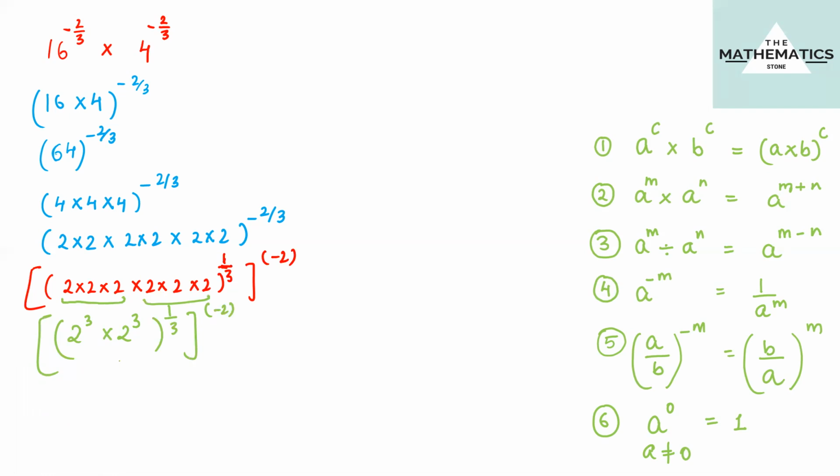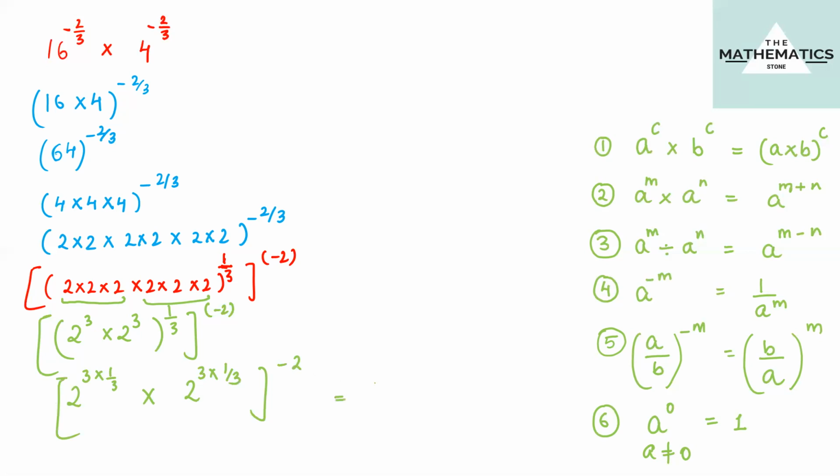Now see what happens. I apply this rule: the power 1 over 3 will come to this as well and this as well. So this becomes 2 raised to 3 times 1 over 3 times 2 raised to 3 times 1 over 3, and the entire thing is raised to negative 2.